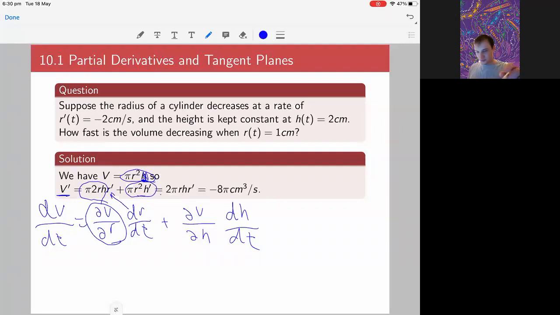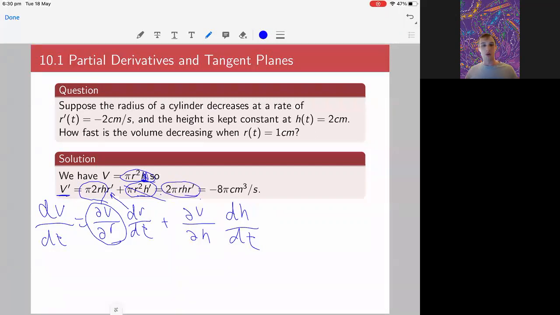Now, the thing is that the height is actually kept constant. So in this sense, this is a silly example of the multivariable chain rule because one of the variables is constant, so it's basically just the regular chain rule. But in any case, h prime vanishes, so we're just left with this term here.